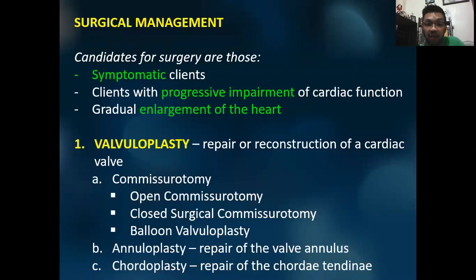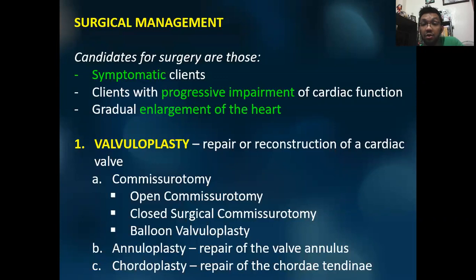of the cardiac valve, and commissurotomy, the commissures. These are the things that you can find on the patient's valve. There's open commissurotomy, so they are going to further increase the lumen or the opening of the valve.